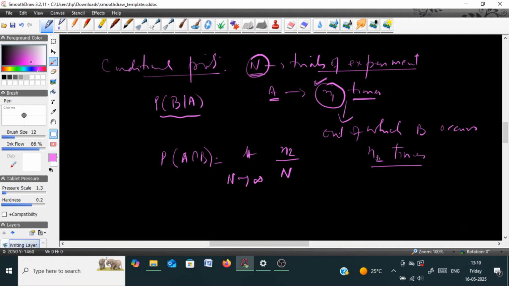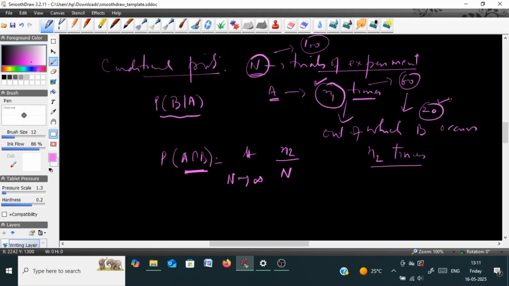Suppose we have conducted the experiment 100 times, and out of 100 times, event A occurs 60 times, and out of these 60 times event B occurs 20 times.